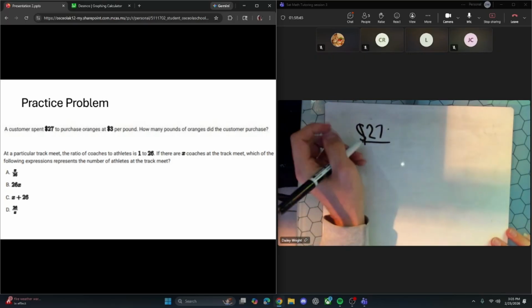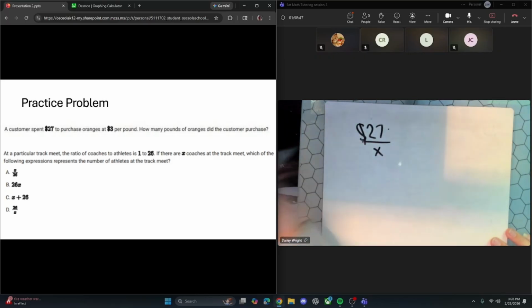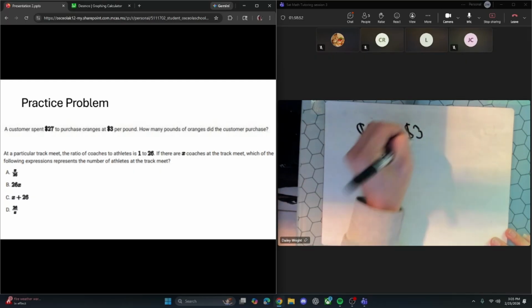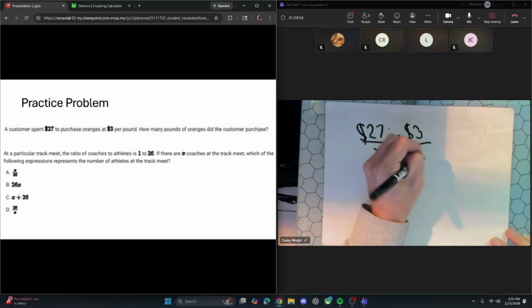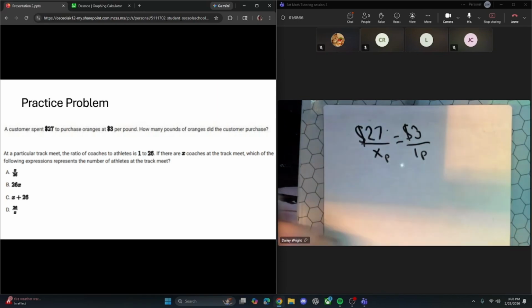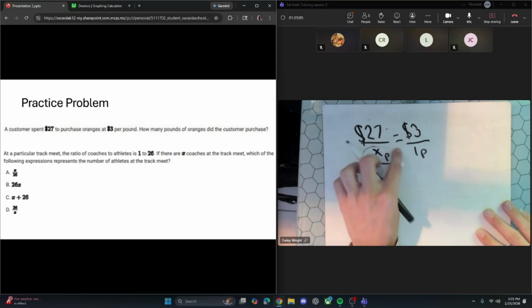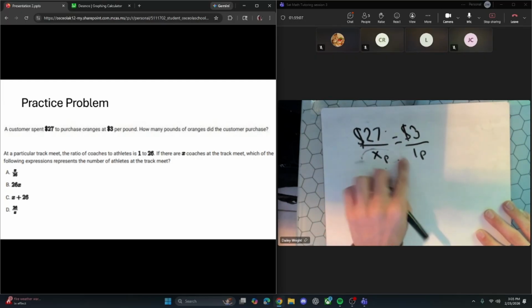It doesn't give us how many pounds, so we're going to set this as x. And it is $3 per 1 pound. We're looking for how many pounds of oranges the customer purchased. That's how I know to set x here, because it told us the money and it wants us to find how many pounds.